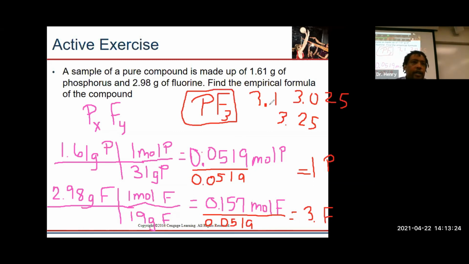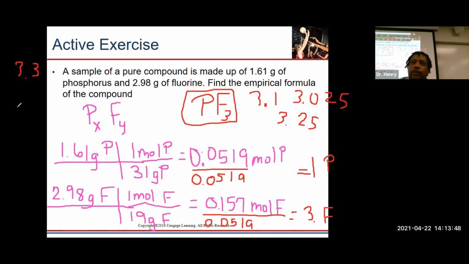So if this number is, let's say, a third, 0.3, right? So if it was 3.3, in that case we would try to figure out what number we need to multiply this by to make it a whole number, right? Because that means you have a number that isn't readily divisible.